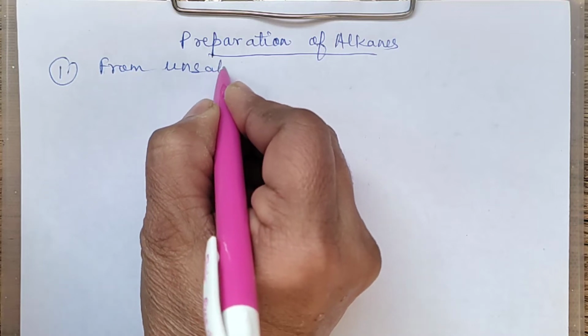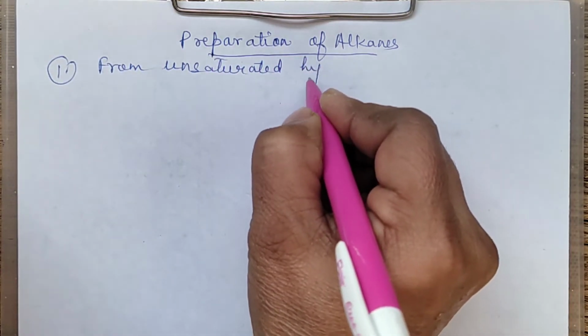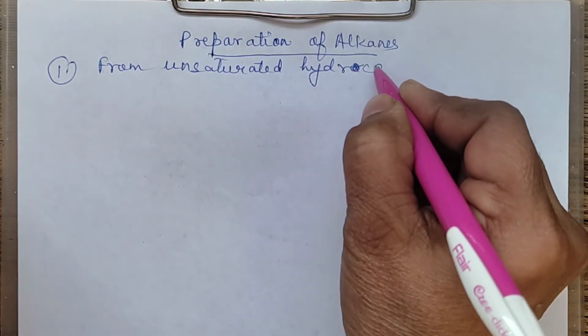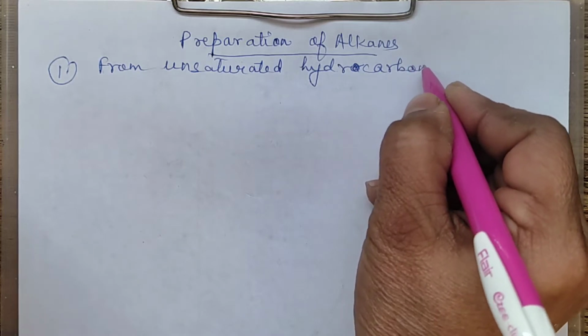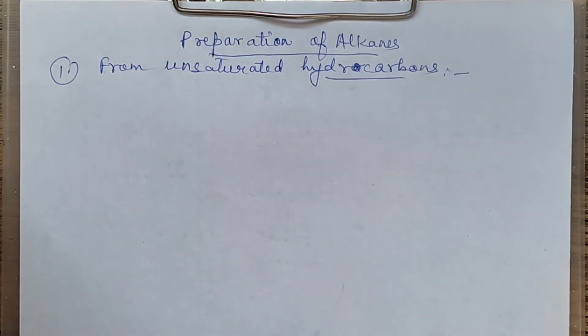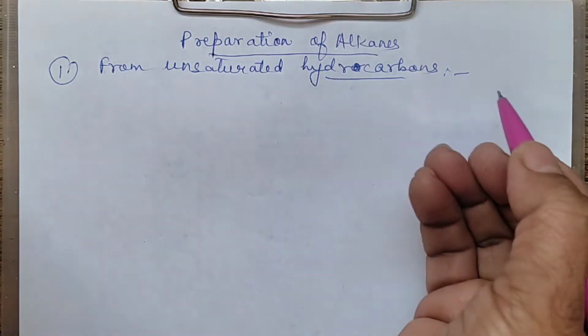Okay, the first method which we are talking about is from unsaturated hydrocarbons. Unsaturated hydrocarbons means the ones which are having multiple bond, that is double bond or a triple bond. So basically this involves addition of hydrogen.